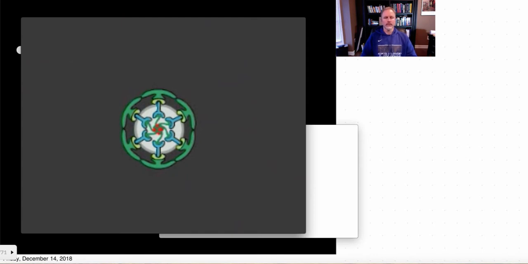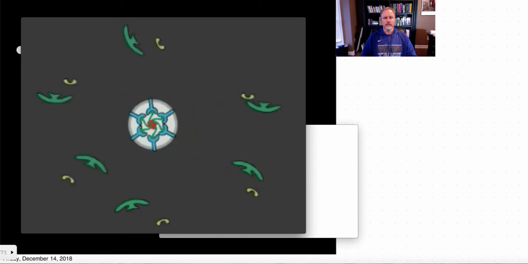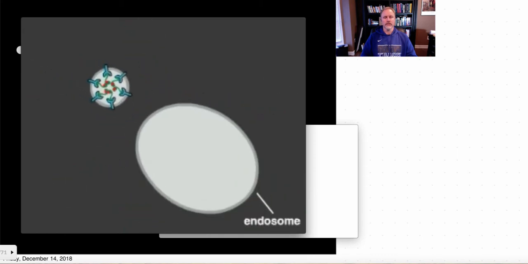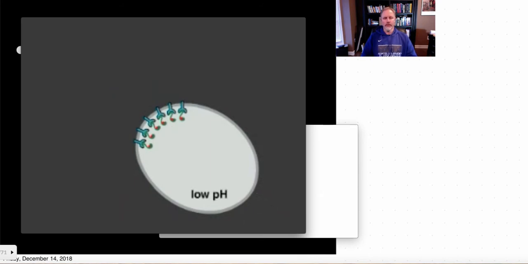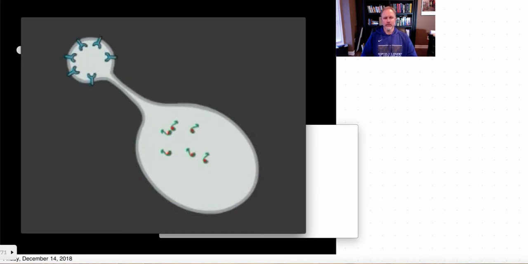Once inside the cell, the vesicle uncoats and fuses with the endosome, the intracellular compartment that first receives all endocytosed material. The endosome has low internal pH, which causes the LDL receptors to release their cargo. Empty LDL receptors are recycled to the plasma membrane in vesicles that bud off from the endosome.